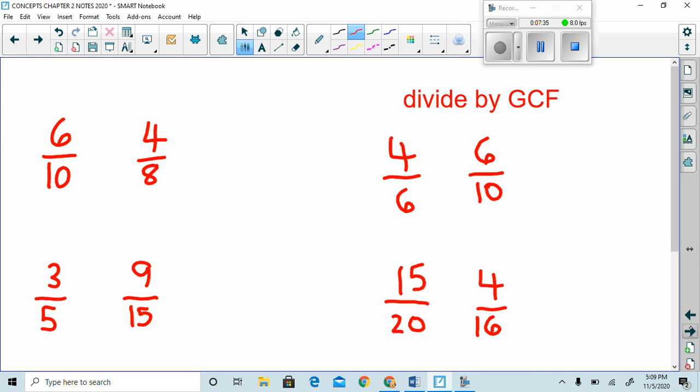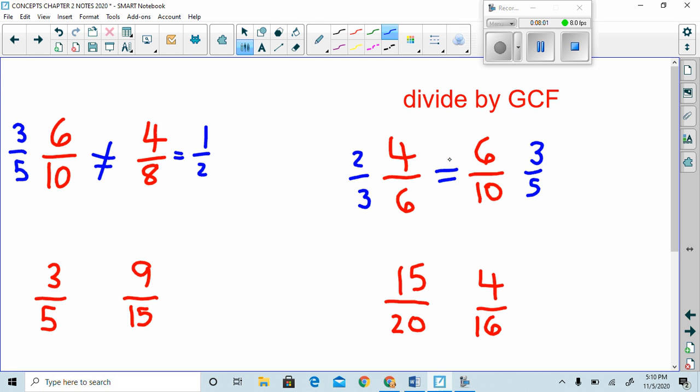Here are just a couple more. Again, remember we're going to divide by the GCF. So if I divide by the GCF here, which is 2, I'm going to get 3/5. Divide by the GCF here, which is 4, I get 1/2. These are not equivalent. 4 over 6 simplifies to 2/3. 6 over 10 divided by 2, I get 3/5. These are not equivalent. 3/5 is already in lowest terms.